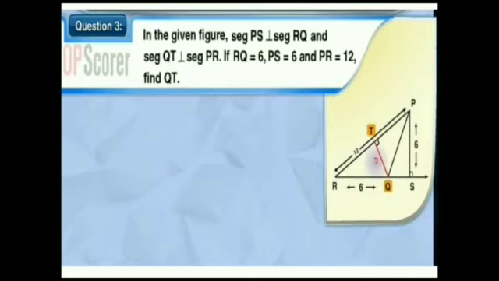We have one figure with two triangles. But if you notice it properly, you have to turn the figure to get two triangles. And these two triangles have got same name, that is triangle PQR. The only difference is that the base and height for the two triangles is different.